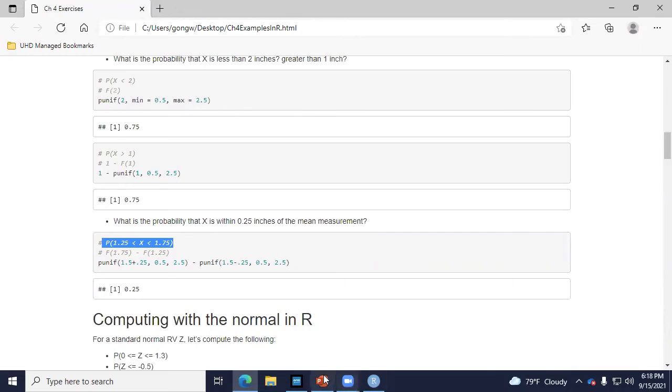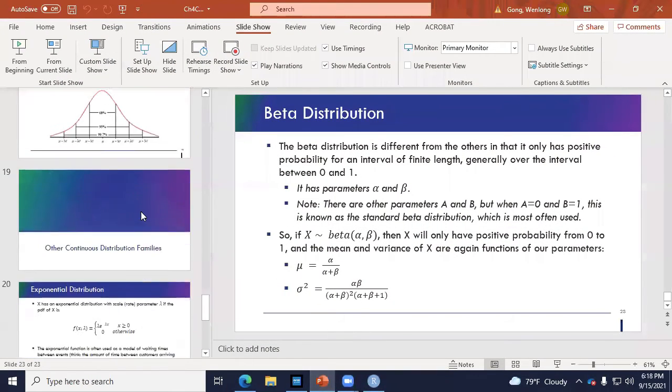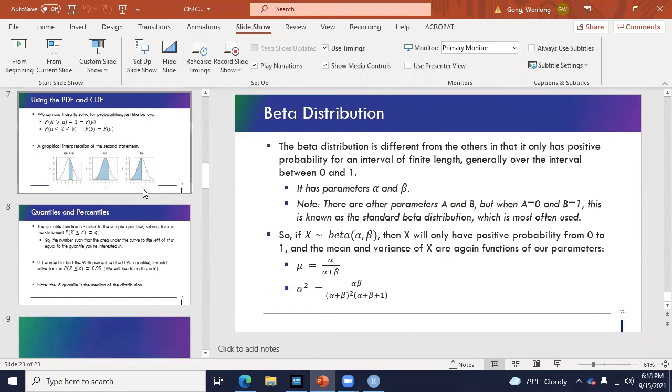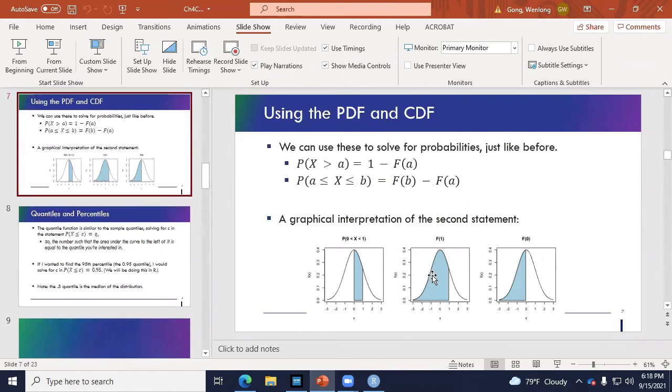Because remember when we do this CDF thing, you just remember this formula. But if you want to intuitively get why it's like that, it's because we're trying to get the area in between these two values, and each capital F gives the area on the left of its cutoff.